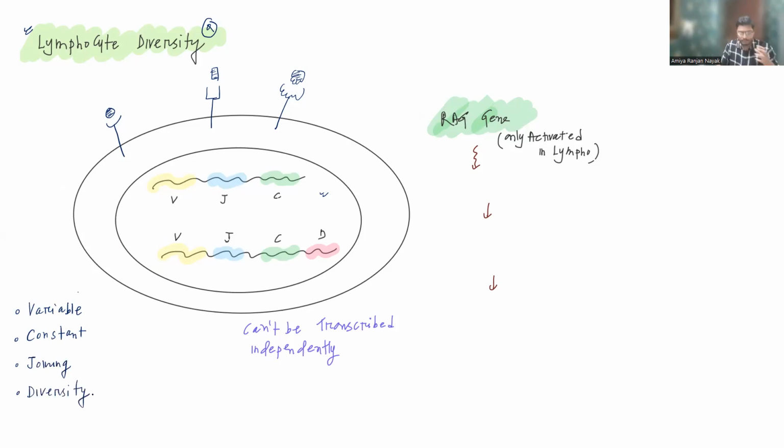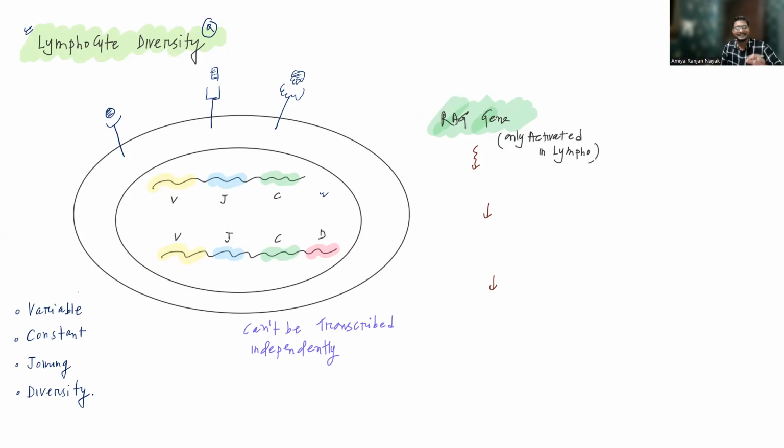So the genes of lymphocyte receptors are present as gene clusters in the chromosome, and these are named V, J, C, and D. These gene clusters are spatially separated in the chromosomes.